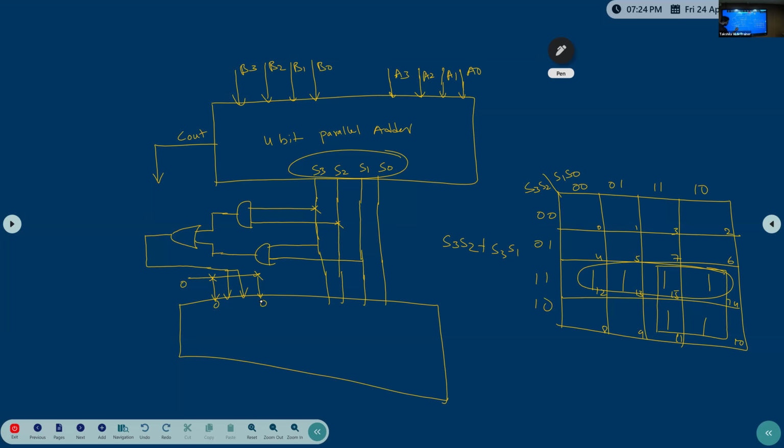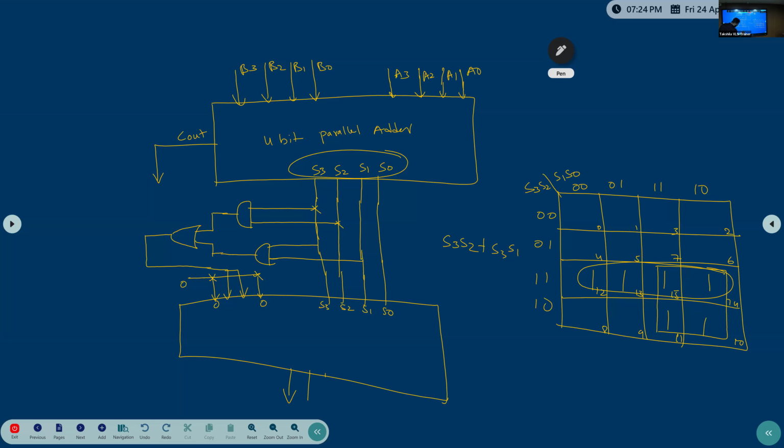These two bits will come from this combination. This is already S3, S2, S1, S0. This number will be added, and it will give the output.